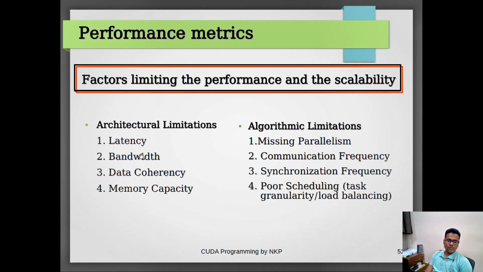We are not going to play around with these architectural limitations, but rather what is in our hands is algorithmic limitations. It is possible that an application is inherently sequential, that means there is no scope for parallelization. There are some applications that we cannot make parallel.